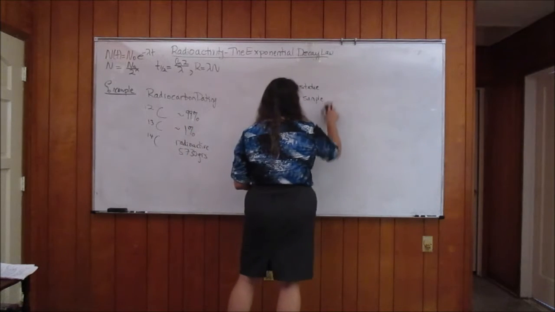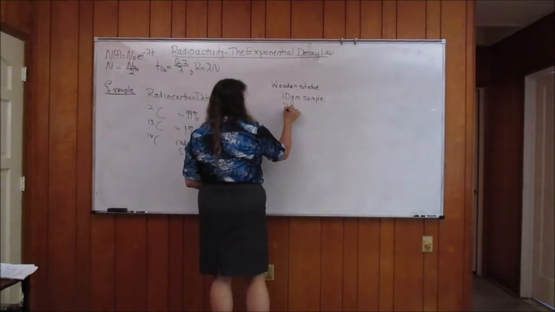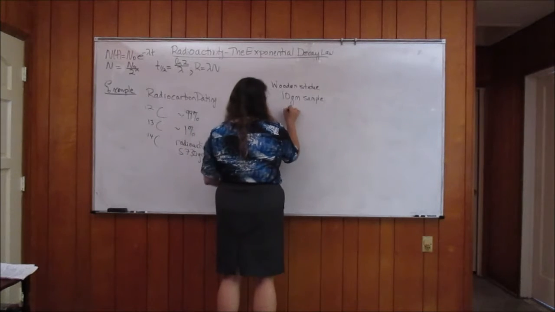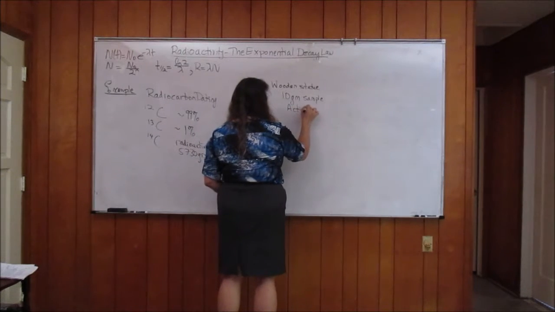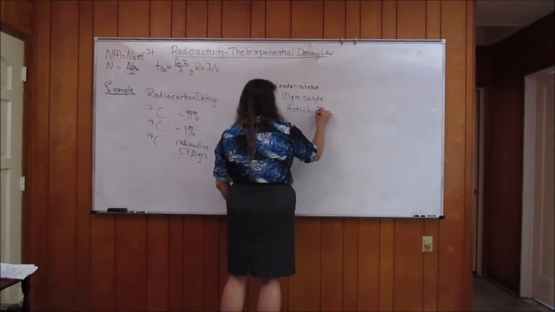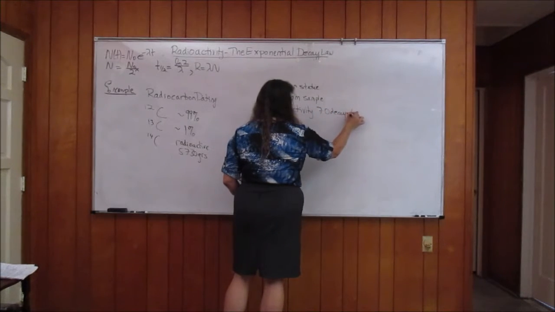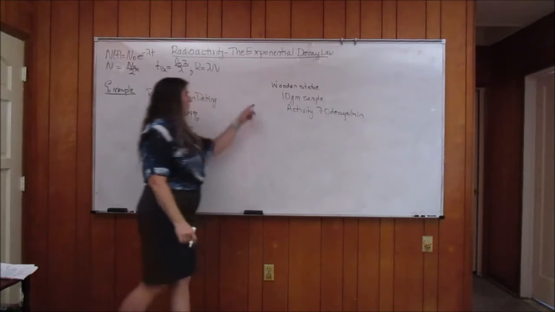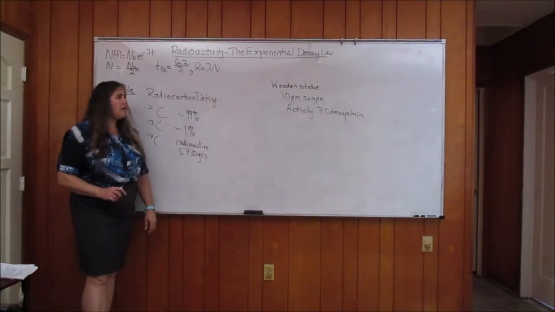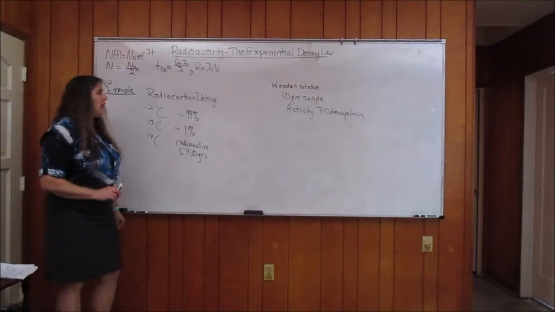And you've determined that the rate of decay, or activity I should say, is around 70 decays per minute. So knowing how much sample you have and the activity, you can determine how old it is.